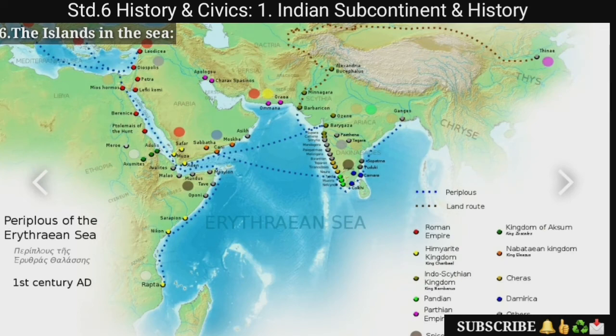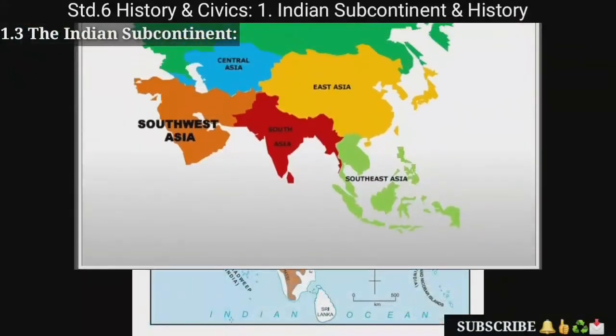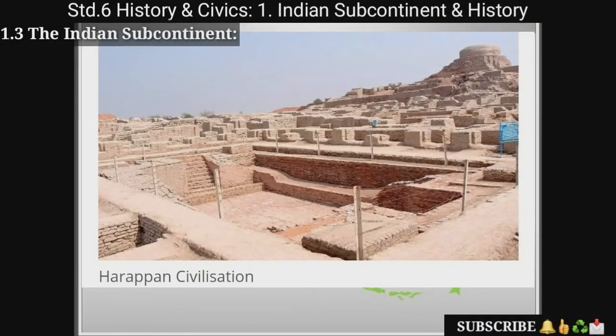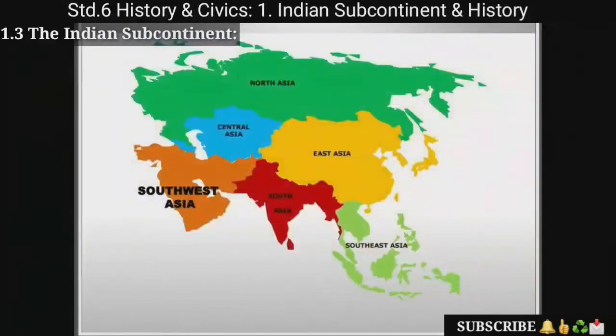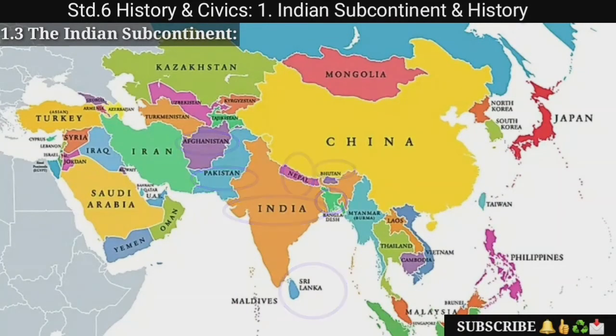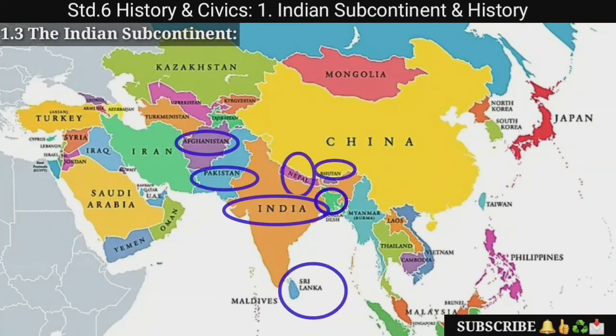Okay, students. Now we shall study the last point, that is 1.3, the Indian subcontinent. The cities of Harappa and Mohenjo-daro are in today's Pakistan. Afghanistan, Pakistan, Nepal, Bhutan, Bangladesh, Sri Lanka and India together form the region known as South Asia.